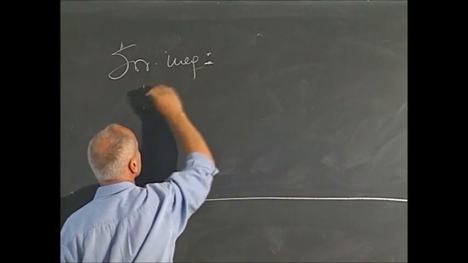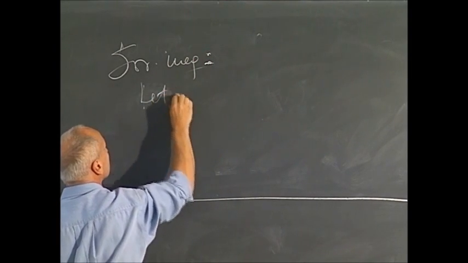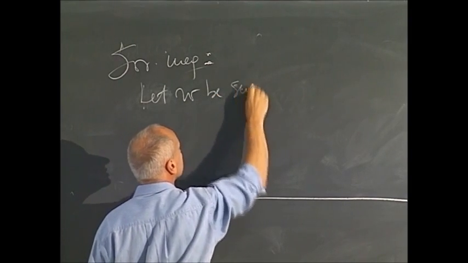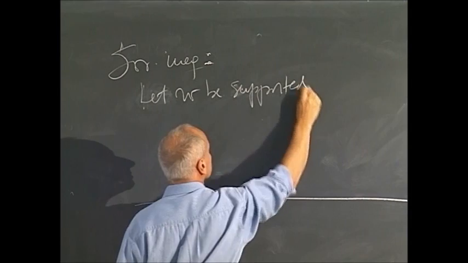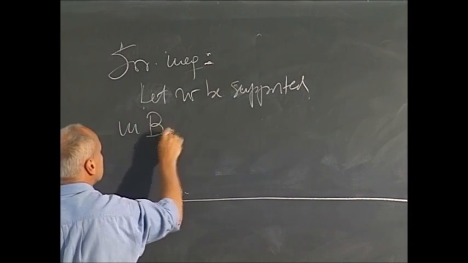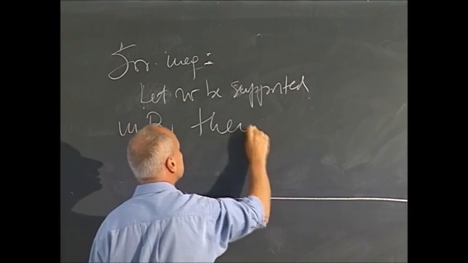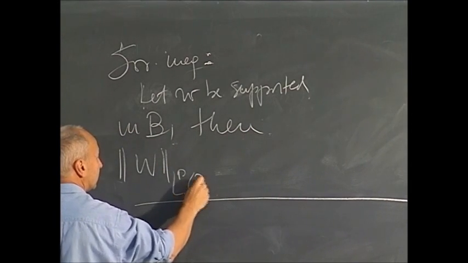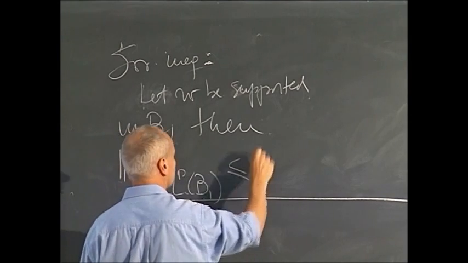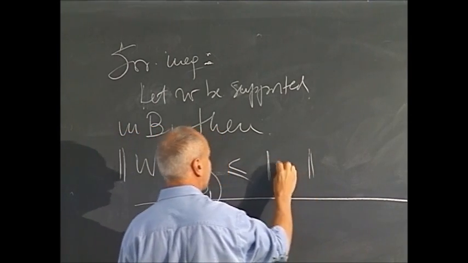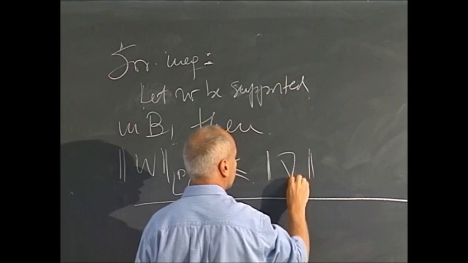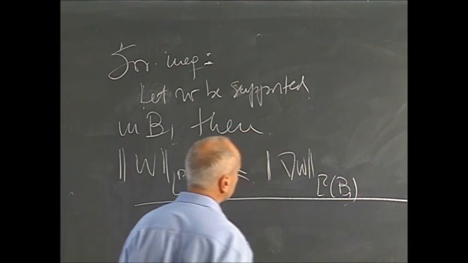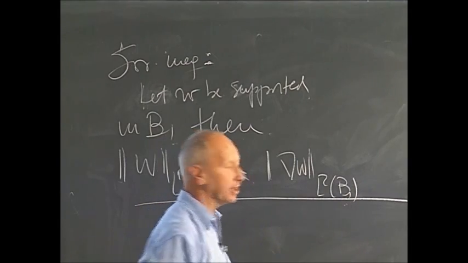So let w be supported in B1, then the Lp norm of w in B1 is controlled by the L2 norm of the gradient of w in B1, for some p which is slightly bigger than 2.